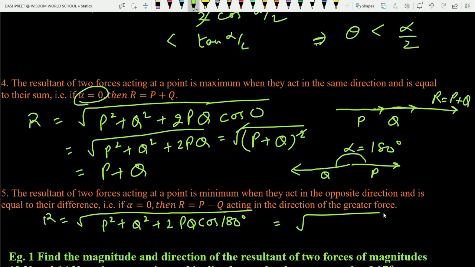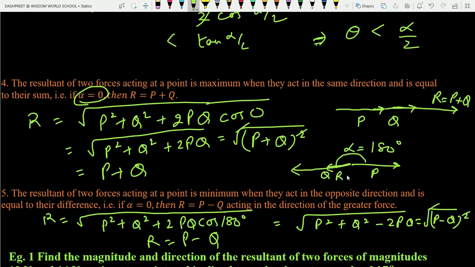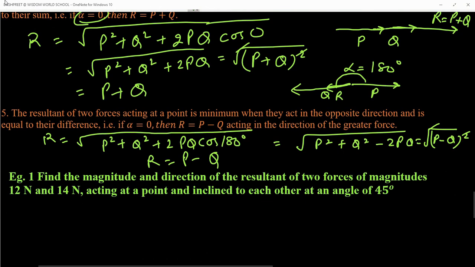So you will get P square plus Q square minus 2PQ, which is equal to P minus Q whole square. So cancelling the root, we get resultant R is equal to P minus Q. And the resultant R is directed towards the direction of the force which is maximum in magnitude. Next, we will take certain examples.